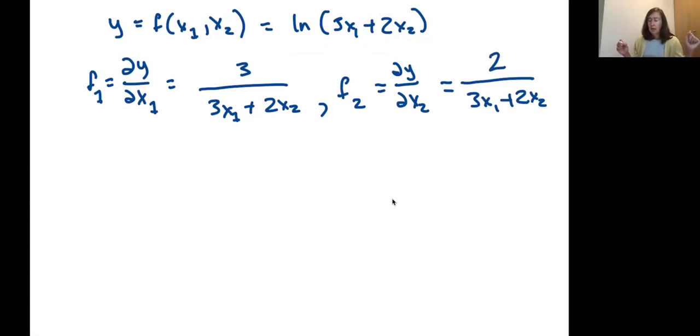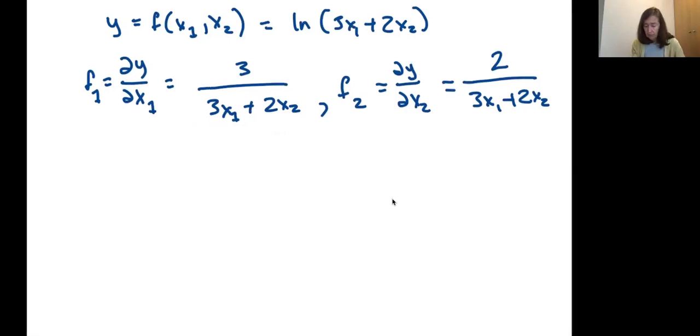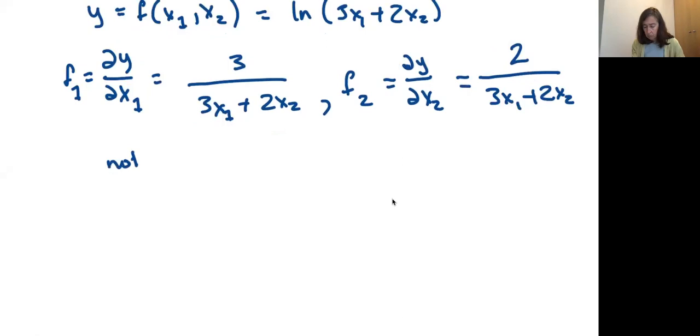A thing that you'll notice here is that just as with regular derivatives, just as with univariate derivatives, the derivative is itself a function. In this case, it's a function of those same two variables. So that's worth noting here. This is a derivative of x1 and x2.